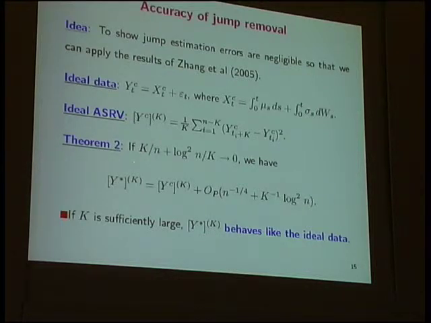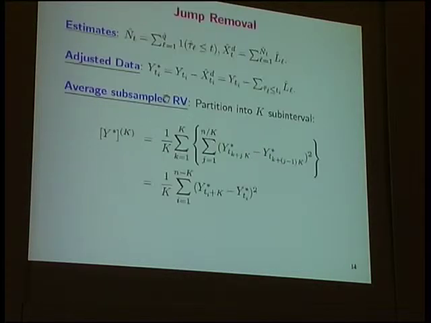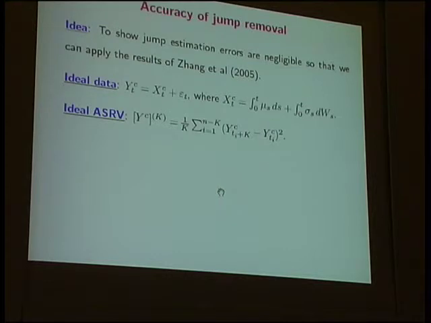So we were able to show that based on our constructed data, the jump removed data, this is the jump removed data that we apply K-scale ASRV to. So we got this. This is something computable, something that I would like to compute if it's available.